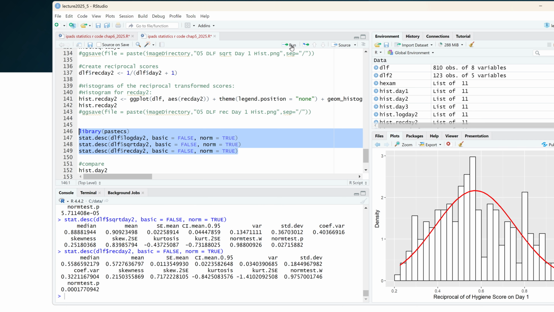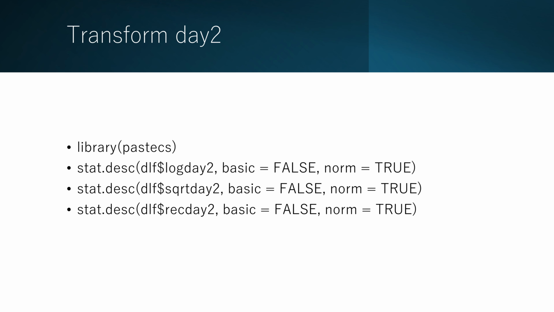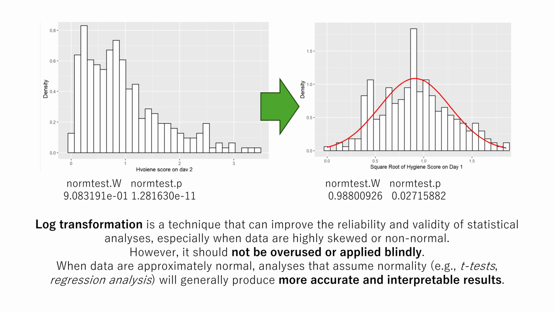We check the result, and the result is here. This is the original dataset, and this is after taking the square root. Then it is much better from the normality aspect.